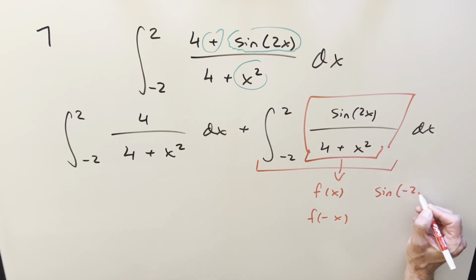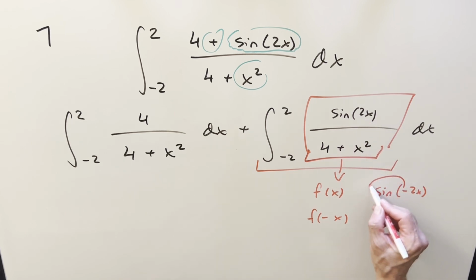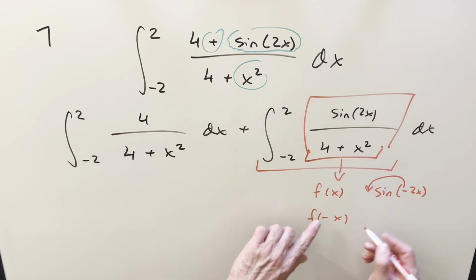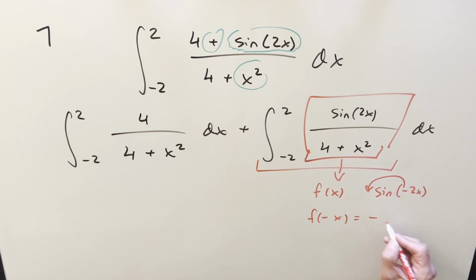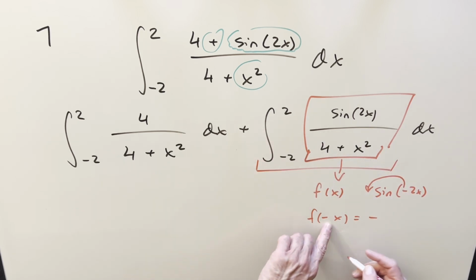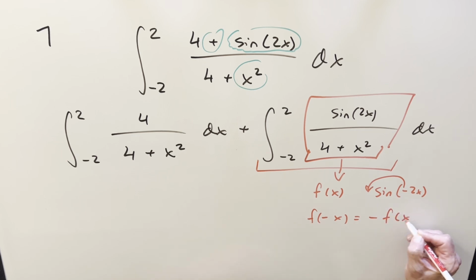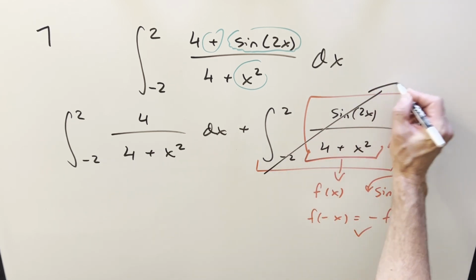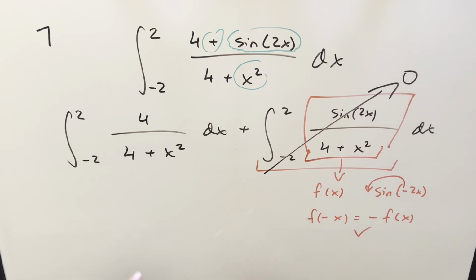That'll turn into sine minus 2x, but then the minus sign can come out front. And so what you end up with, this whole thing here, if you plug in minus x, is the same thing as minus f of x, which is actually the test for an odd function. And for an integral of an odd function with symmetric bounds, this always goes to 0. So this whole part just goes away, and then we just deal with this.